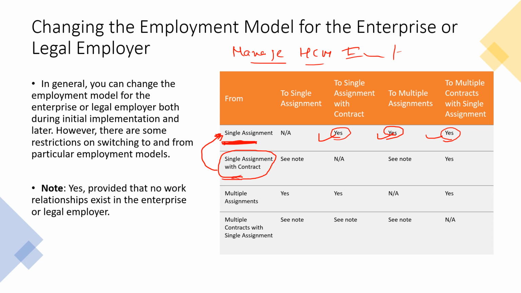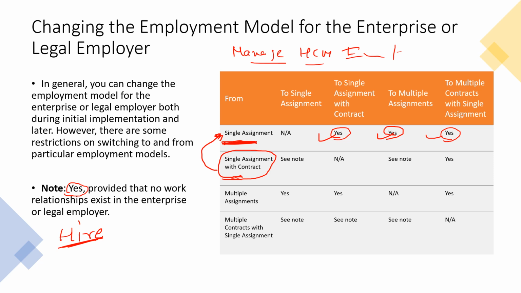Later I realize I made a mistake, I should not have selected this, and I want to change it to single assignment. Is it doable? Yes, it is doable, but you should not have hired any employee in that particular legal employer or at the enterprise level. If there is a single employer, then you cannot come back.